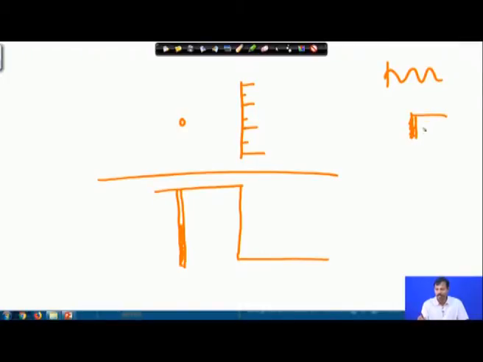This side is rock, this side is rock. This is the partition, the wave will come like this and some portion will reflect back and some portion will move in the front direction like this. And this transfer will depend on the properties of the explosive and the properties of the rock.